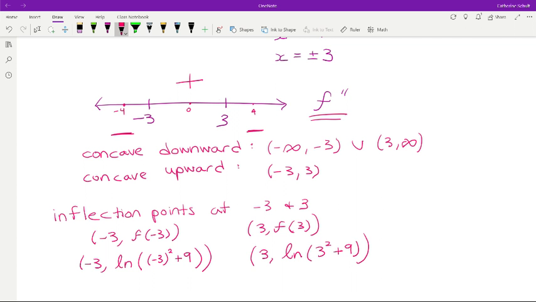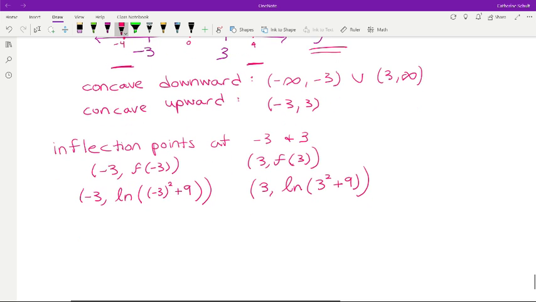Whew. Okay, so again, figuring out that function value, that's definitely a calculator problem. And they're actually the same, right? Because -3 squared is the same as 3 squared. So we have inflection points at plus or minus 3, and the calculator tells us that that's about 2.9.